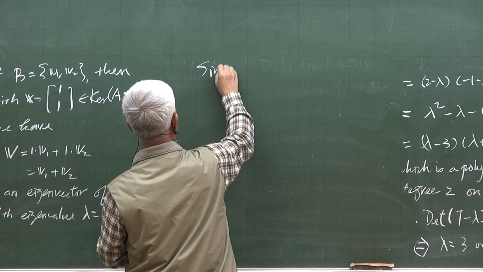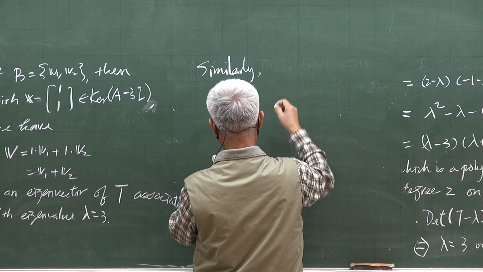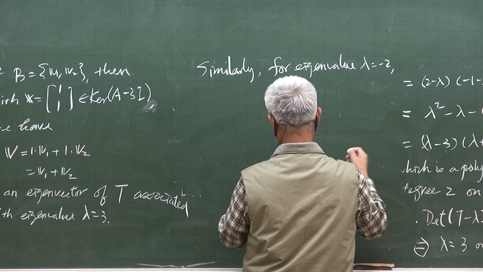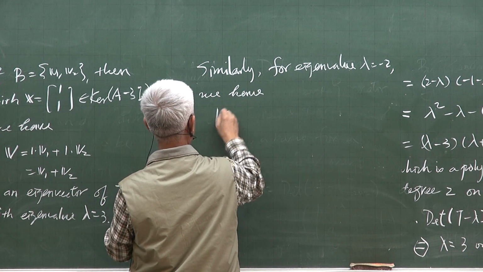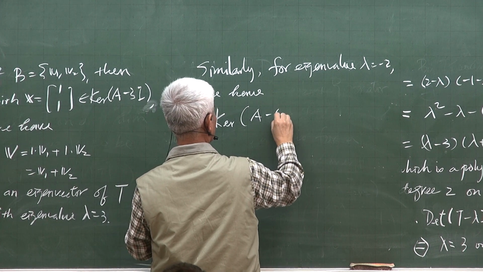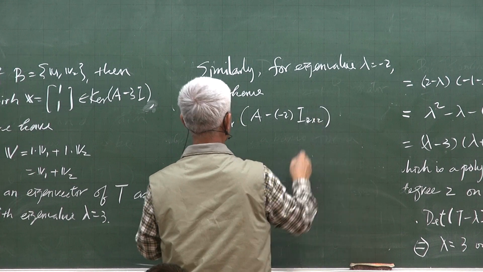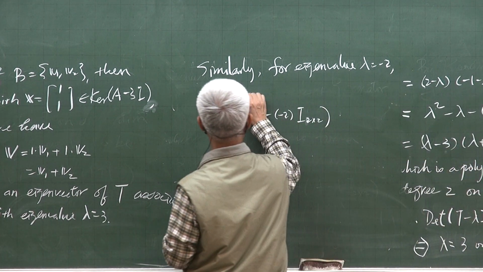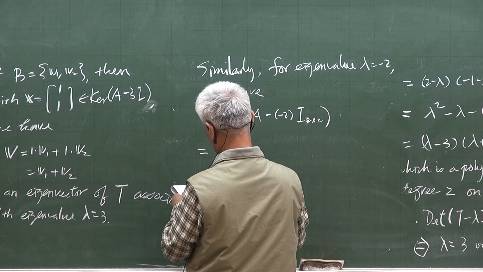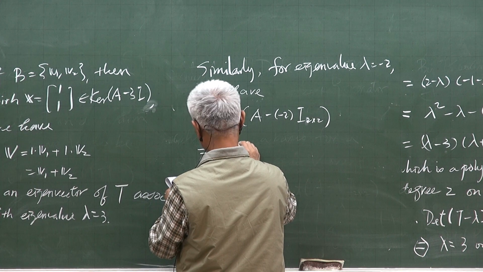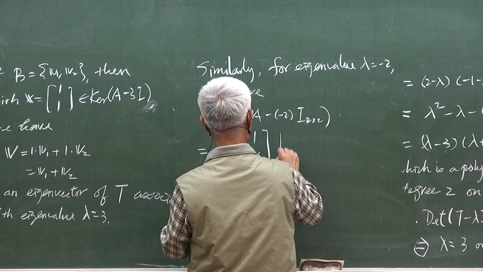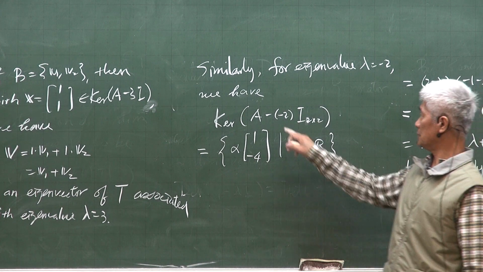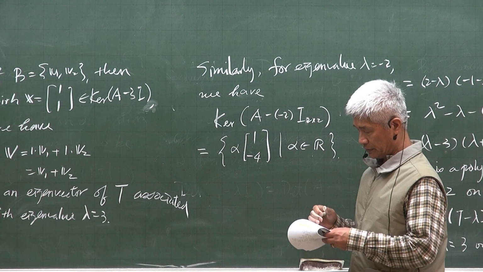Okay, so similarly, right? For eigenvalue equal to -2, we have the kernel of A minus (-2)I becomes 2... Okay, this kernel is equal to actually alpha times 1 minus 4, given alpha in R. So you can solve the same scenario, then you can solve this kernel for the eigenvalue equal to -2.